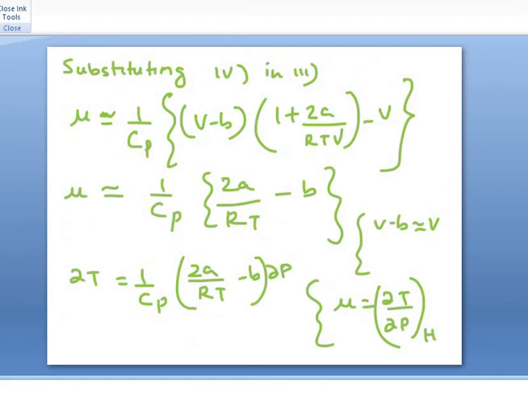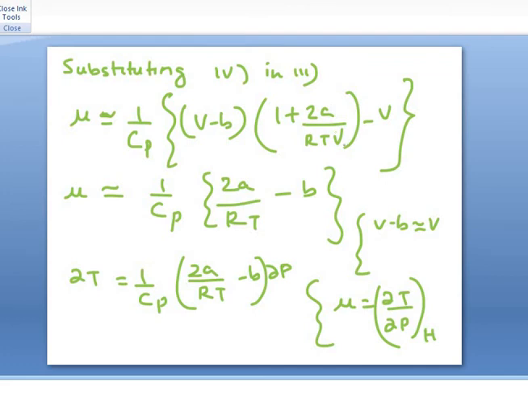Now substituting this 4 in 3. Now what you get? Mu is equal to Cp, V minus B times 1 plus 2A by RTV, minus V. So this again approximately, when you do that, V minus B is approximately equal to V in the second term. Because V minus B is the first term, V minus B times 2A by RTV is the second.